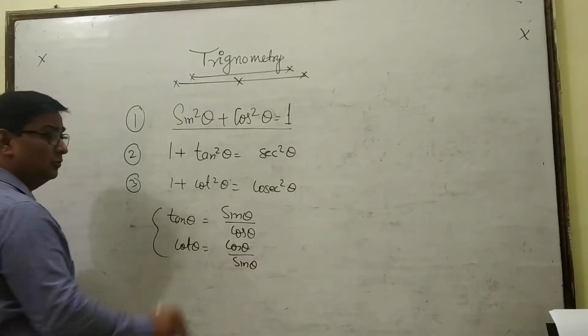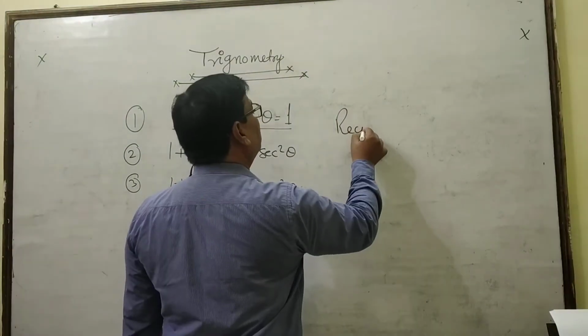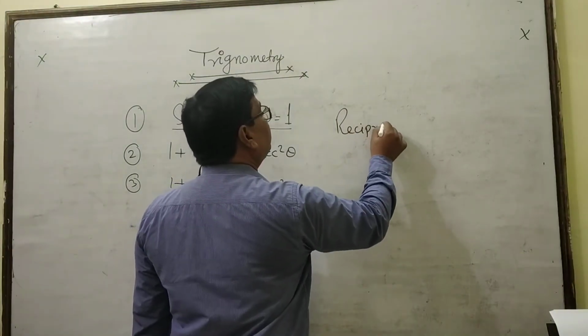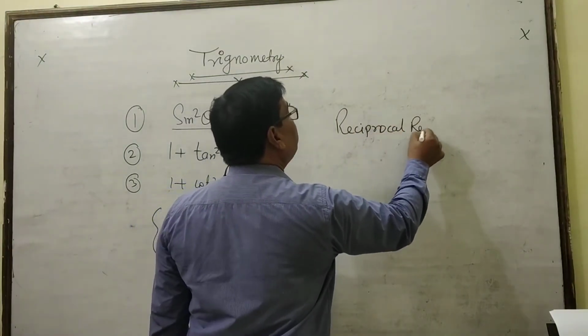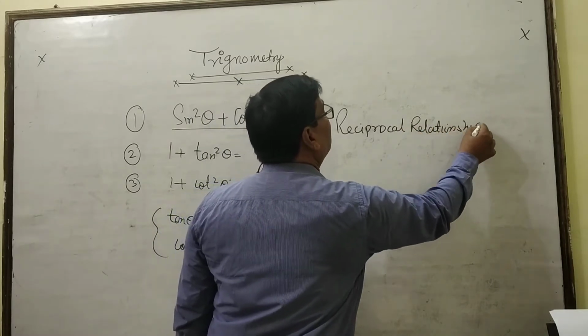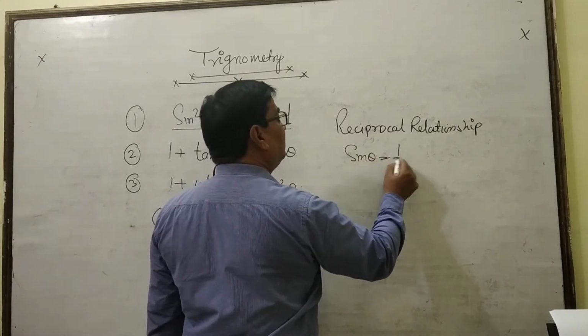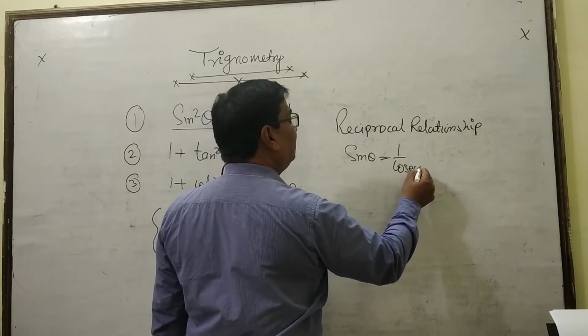These are another two, and you know the reciprocal relationship, and the reciprocal relationship also gives the identity sin theta is equal to 1 upon cosec theta.